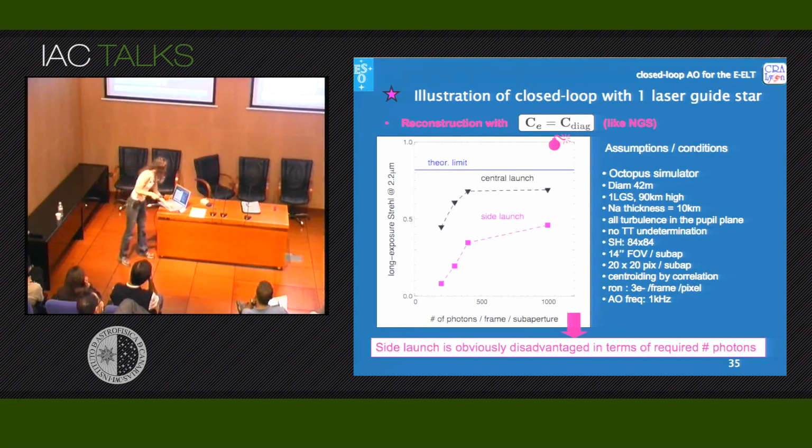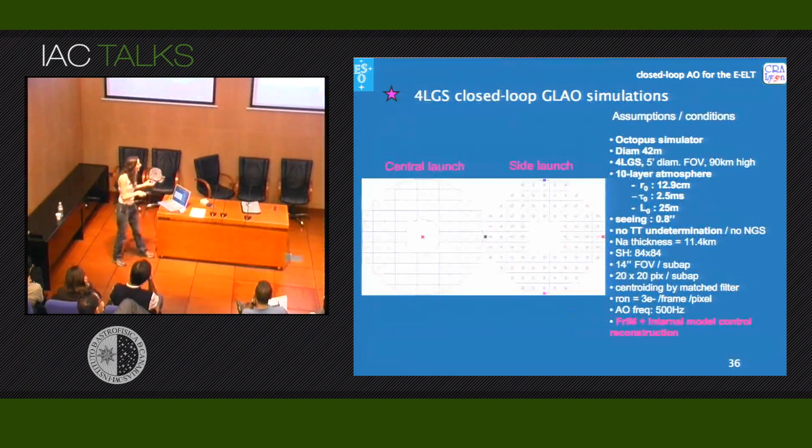So as you go down, you improve your performance. For example, here is when you make nothing, you just don't have any correction, and you can reduce at high flux by a factor 2 or 4 in area the 50% ensquared energy. And so when you have low flux, you degrade progressively the performance.